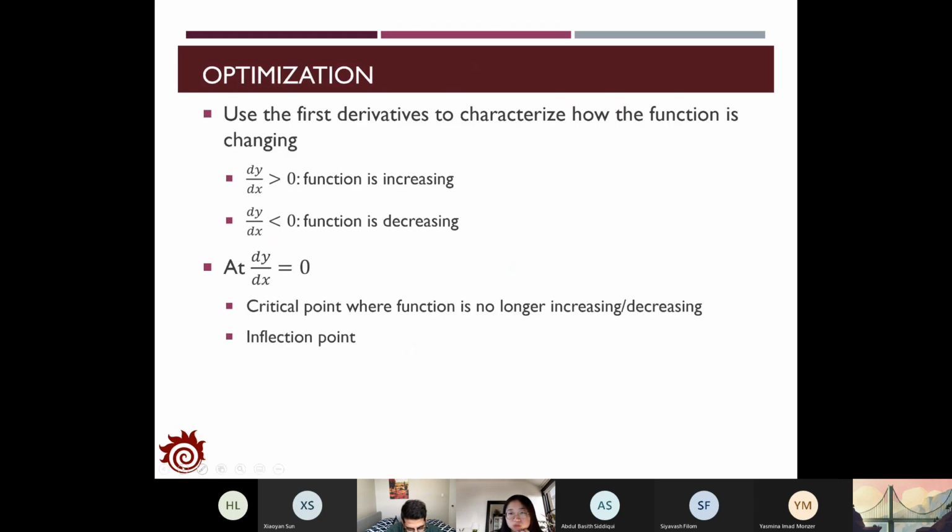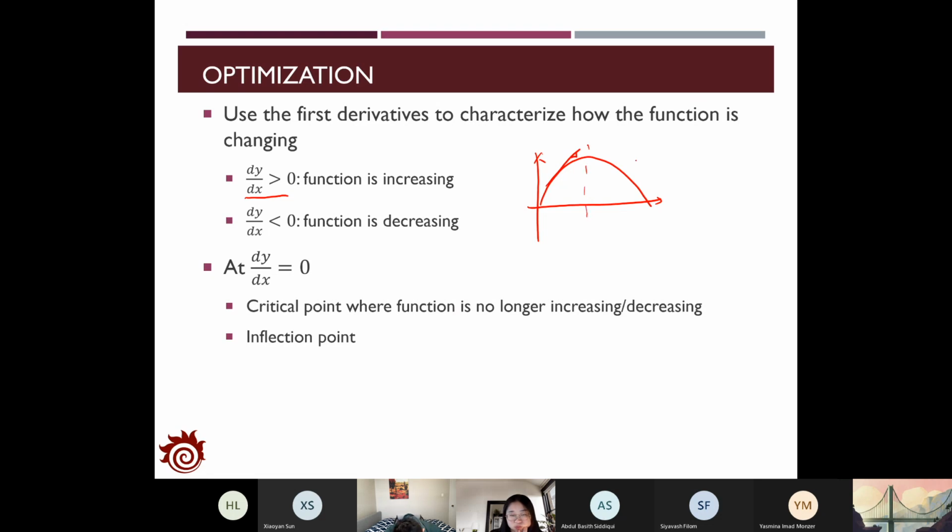One last thing I want to include in the calculus is optimization: how we use the derivative and integration to find the optimization points and identify the errors behind. For optimization, usually we rely on the first order derivative. If dy over dx is higher than 0, the function is increasing, so the slope is positive.